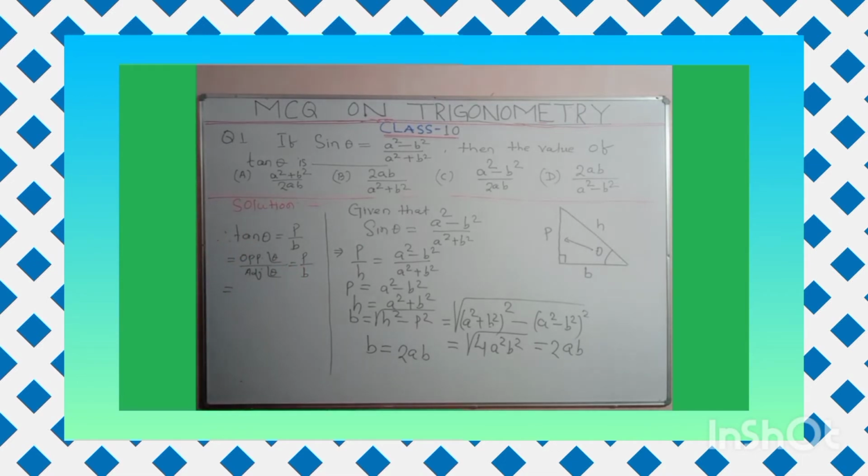So here we already got the value of P. The value of P is given as a square minus b square, divided by the base. What is the base? We got 2ab.